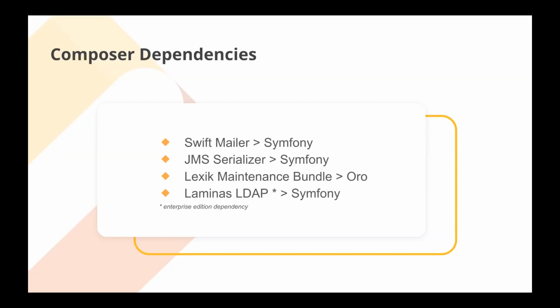And the next library is the Lexik maintenance bundle that we use for the maintenance mode. We also forked this dependency. We moved some interfaces to our code base, and now it's fully supported by Oro. And the last library that we removed was the LDAP library from Laminas, and we switched to Symfony LDAP for Enterprise Edition.